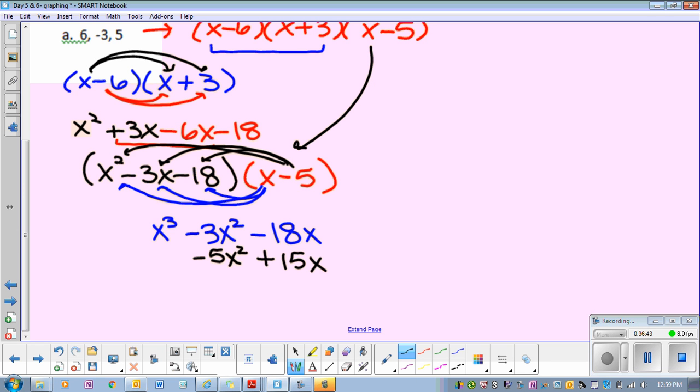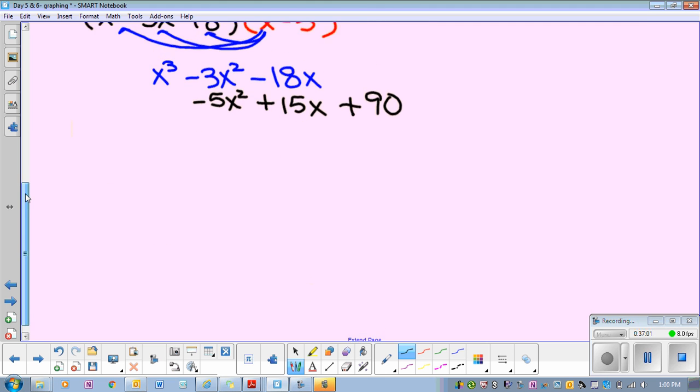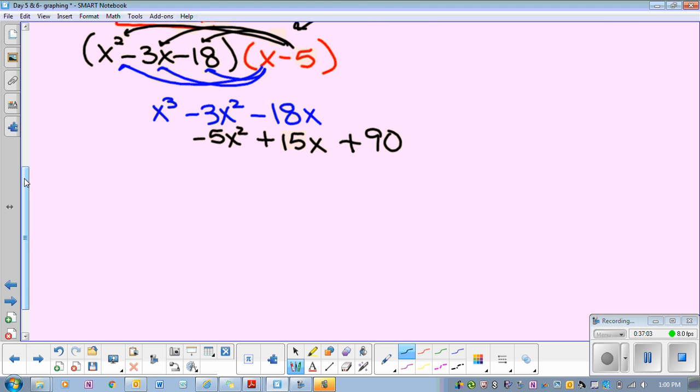And what's negative 5 times negative 18? Positive 90. Negative times negative gives you positive.